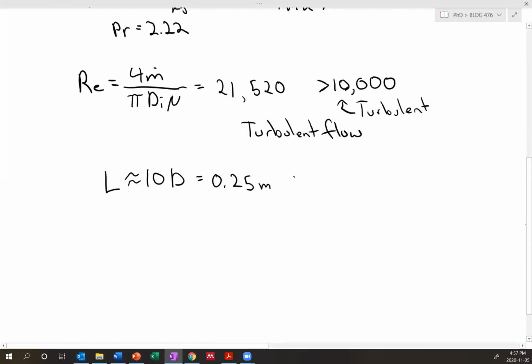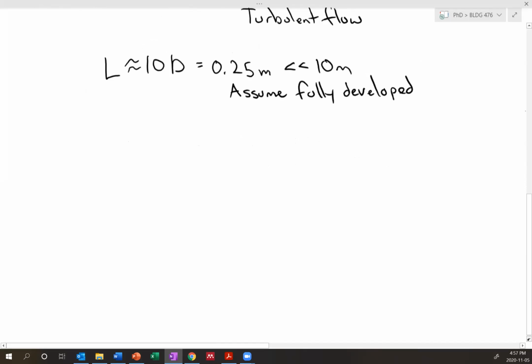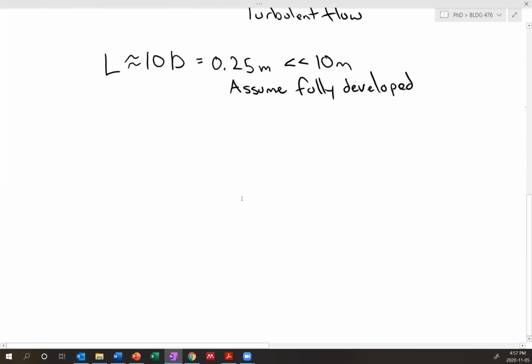That's much smaller than the length of our pipe, which was 10 meters, so we're going to assume fully developed. Last time it was laminar and developing. This time it's turbulent and fully developed. So the approach will still be the same, but the equations we're going to use are going to be a little different.